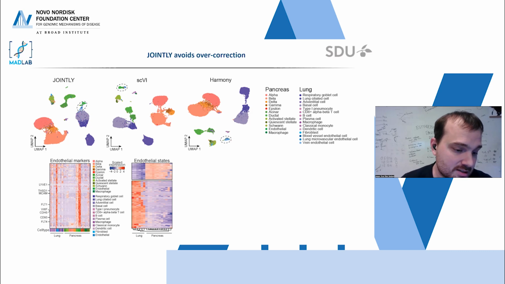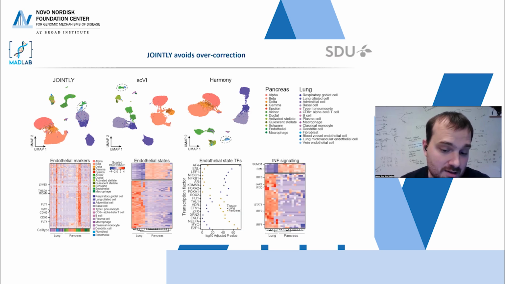And these markers are conserved across donors, indicating that it's not spurious expression of batch affected genes, but actually bona fide differentially expressed genes. And we could actually map that back to differences in immune signaling between the tissues, which is likely to occur between the lung and the pancreas.